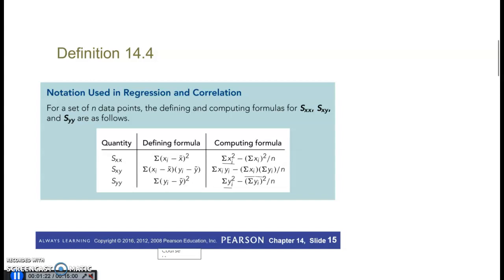But Sxx, for example, is simply the sum of the squared differences between each x value and the mean of x. Syy is the summation of the squared differences between each y value and the mean of y, and so on.